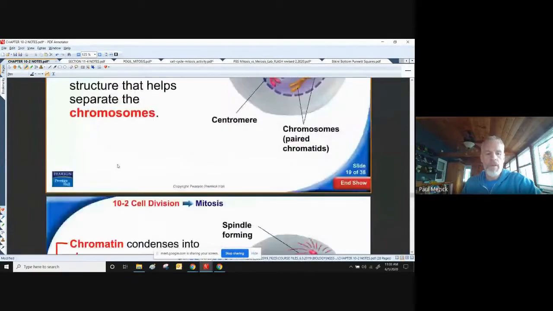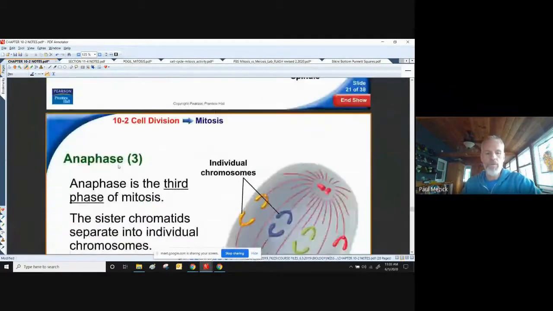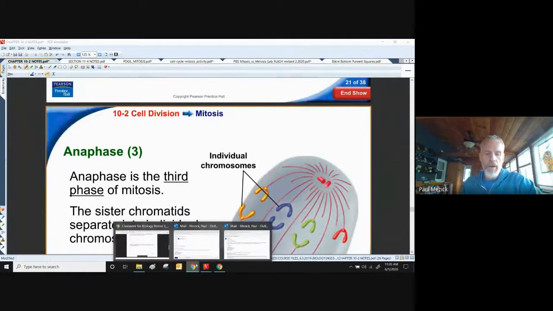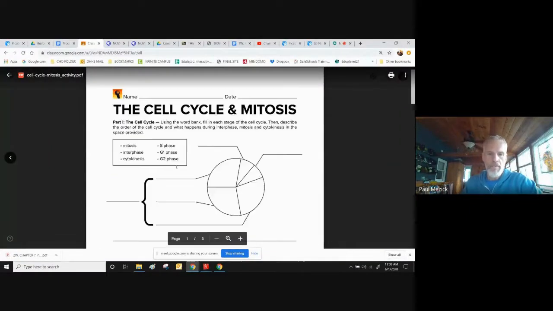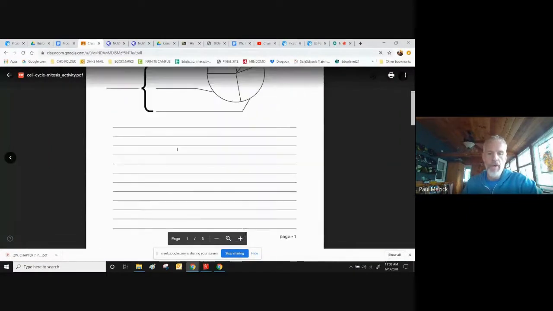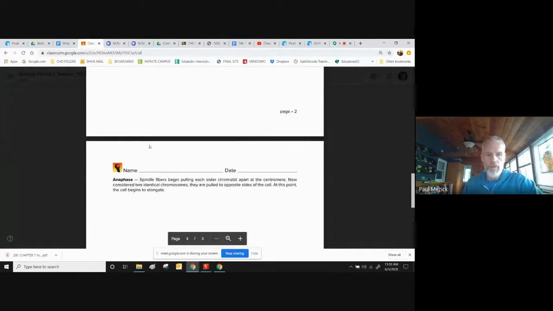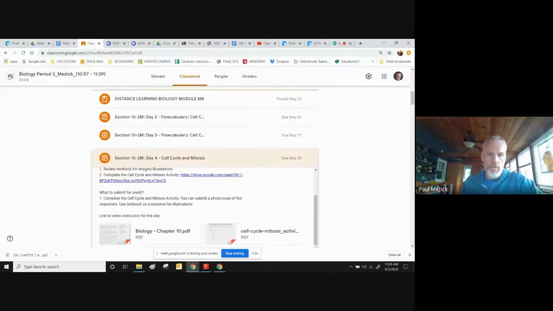Prophase, and then it goes to metaphase, which was number 2, and then anaphase. In doing that, you would write a little bit of a description. I'm pretty sure when we left, I had done interphase and prophase and left you just with the last 2. And that's kind of where we ended last week.